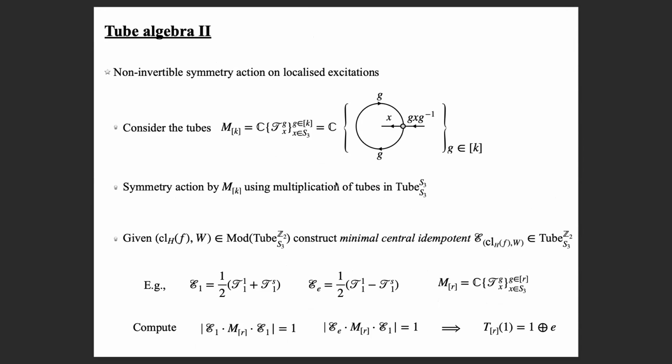So the idea is that the action of some anyon in the resulting topological order after condensation can be computed by using multiplication by this tube on the corresponding minimal central idempotent in the reduced tube algebra.